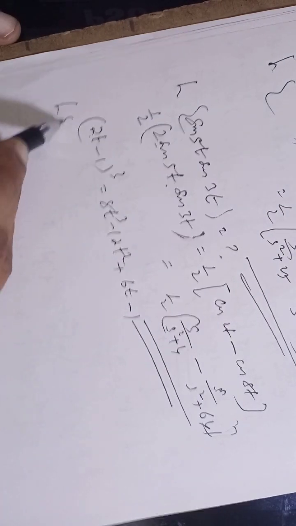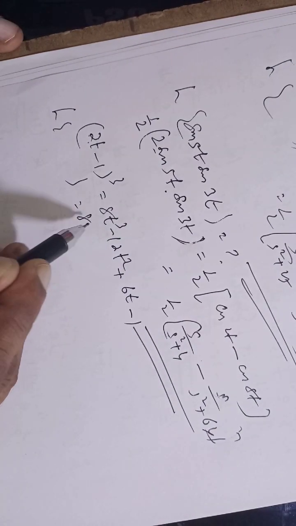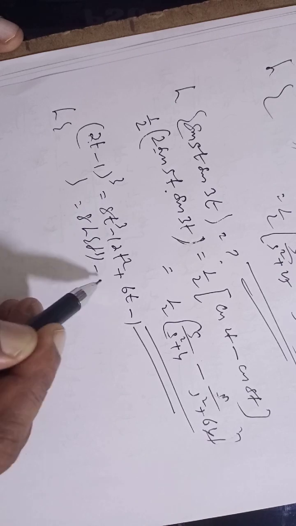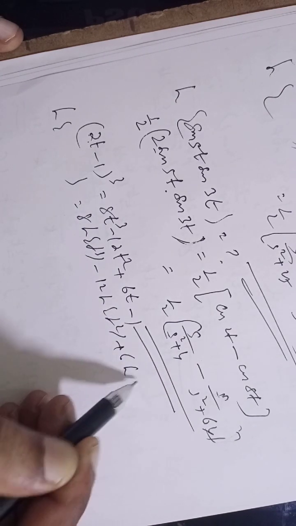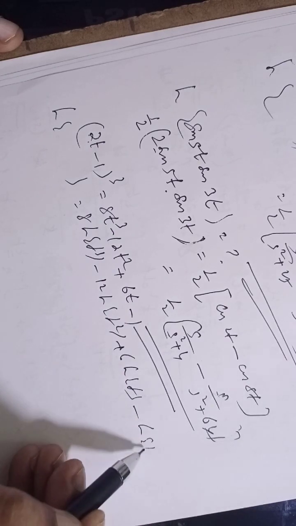Then L of 8 L of t cube minus 12 L of t square plus 6 L of t minus L of 1.